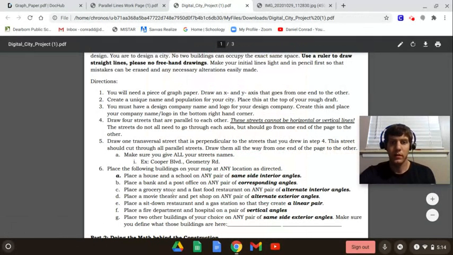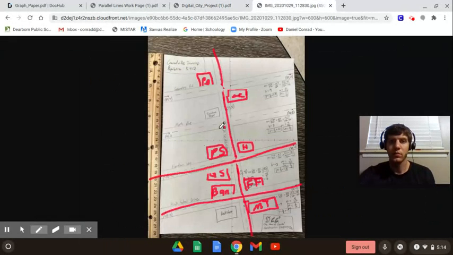Okay, and then we have a linear pair, a sit-down restaurant and a gas station at a linear pair. So we can do them right here. So let's put a restaurant and then a gas station as a linear pair. Right.